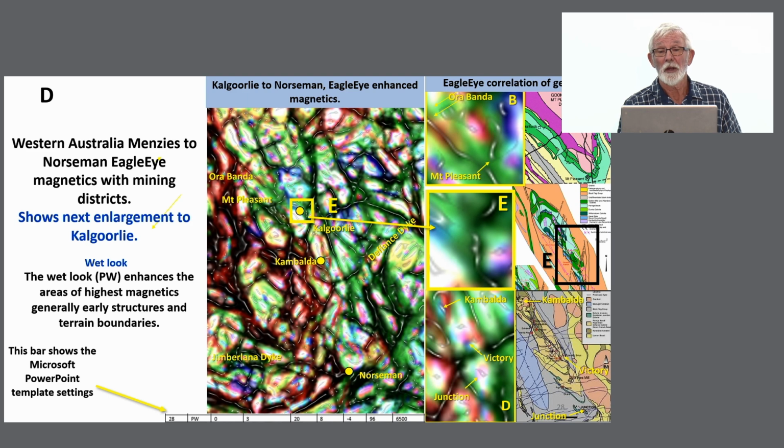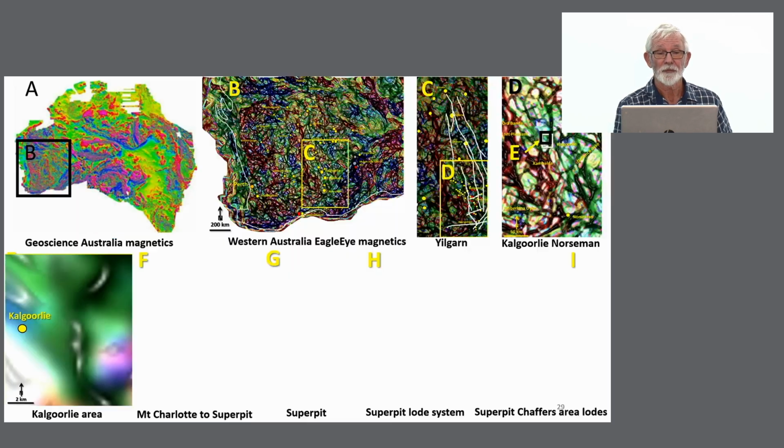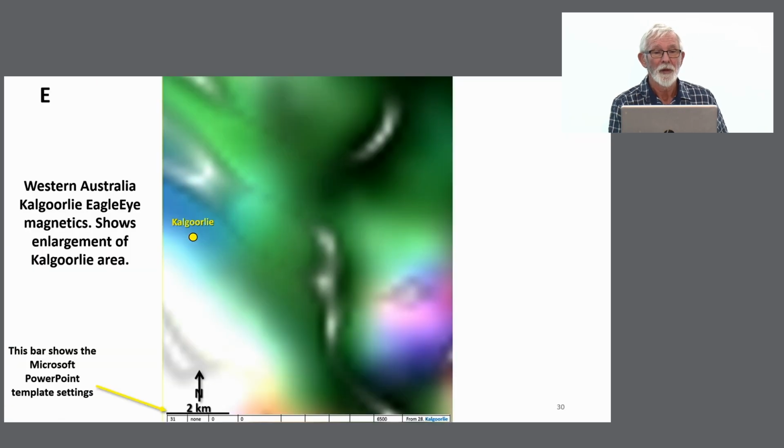So from now we're going to go down to E, which is specifically the Kalgoorlie area. So this shows the enlargement of the Kalgoorlie area. So Kalgoorlie sits there, and the Superpit sits between there and the higher magnetics here.